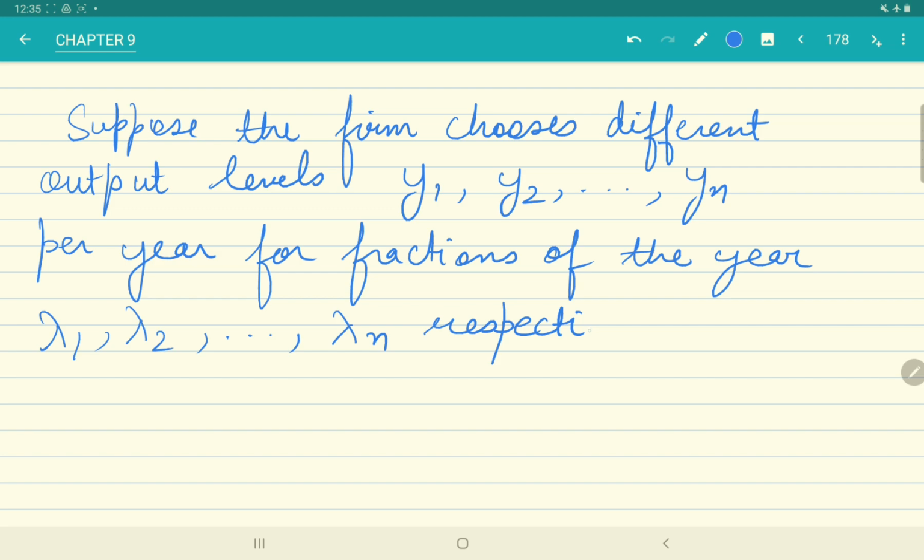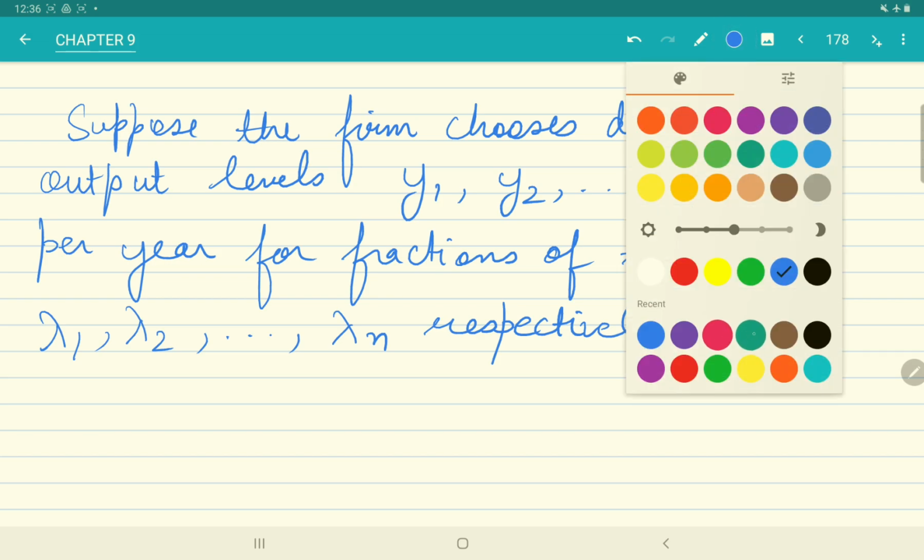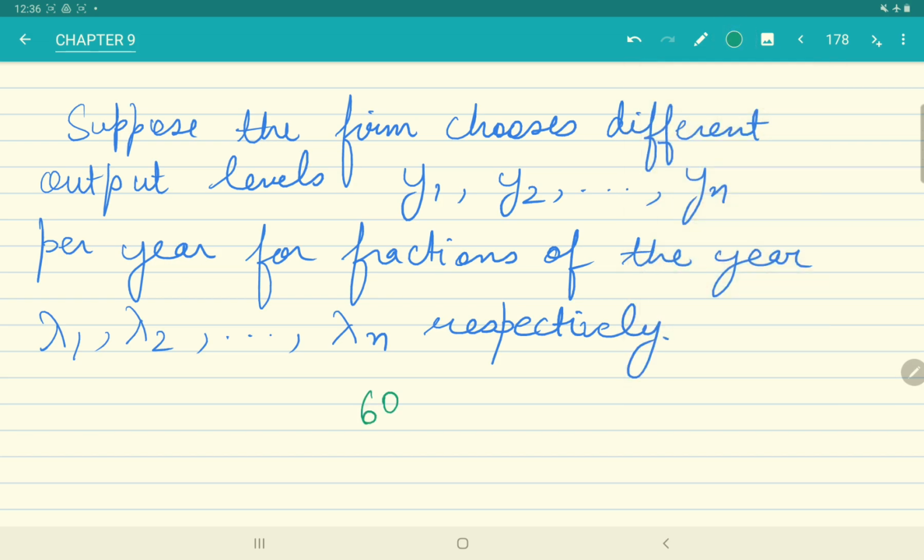What does that mean? Let's say we divide the year into 3 parts: 1 by 3, 1 by 3, 1 by 3. First, the firm chooses the output level 60 per year.